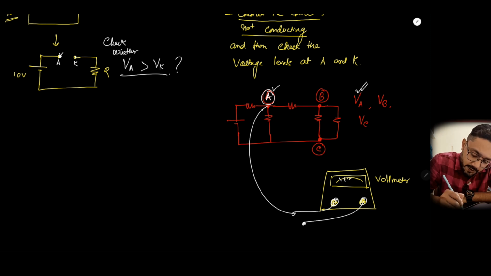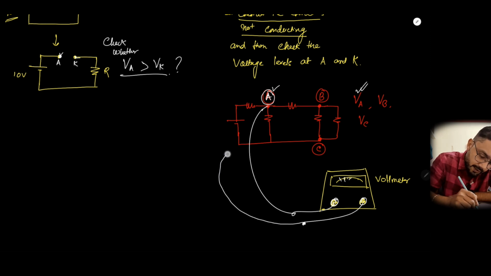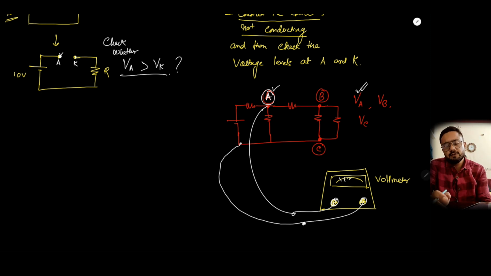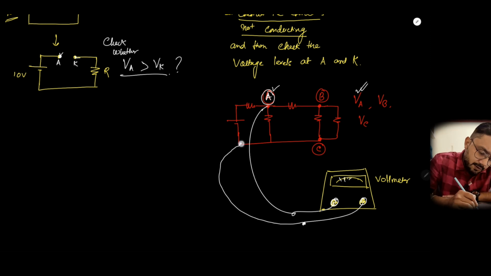What you can do is take this probe and connect it at any point in the circuit, at any of the nodes. So this is obviously the C node only, this one. Then after connecting like this, you will get some deflection. This is how you can measure the voltage at node A.